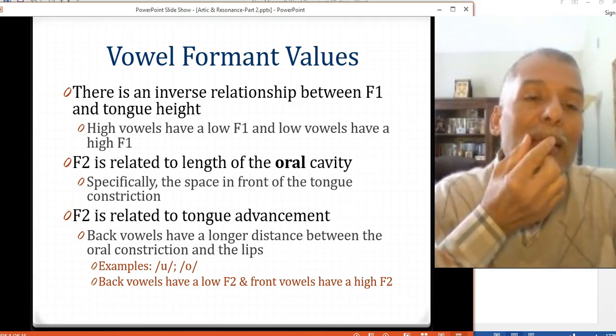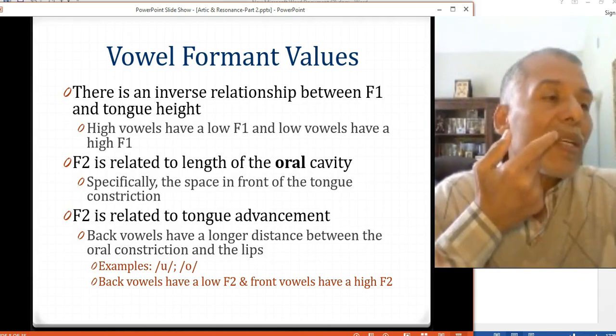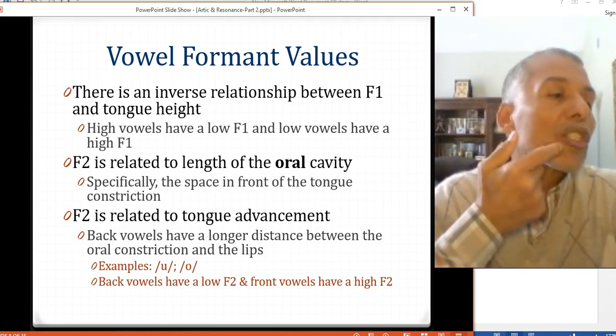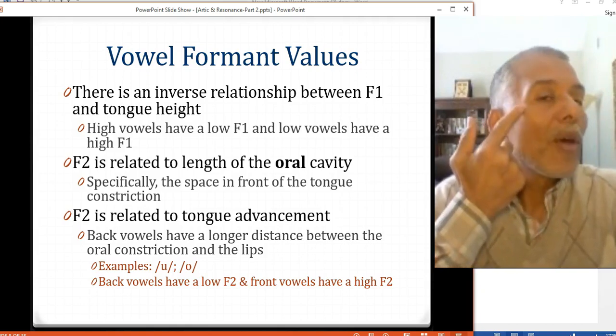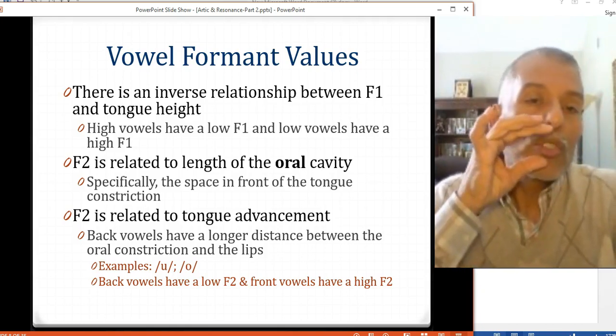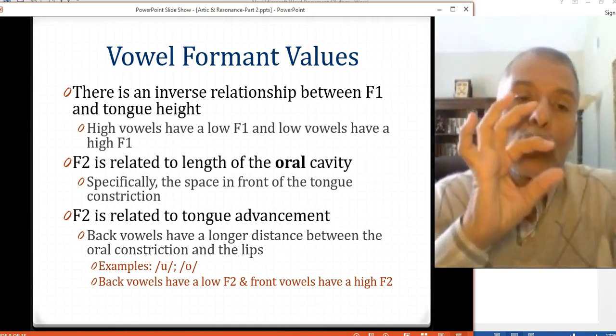But if you say, for example, ooh, now the space in front of the constriction is much bigger. There's much more space because the tongue is moved back and up. As a result, you create a huge space, and again, the lips protrude forward.